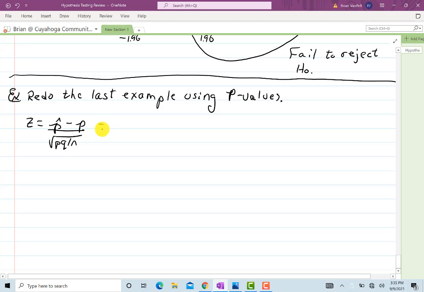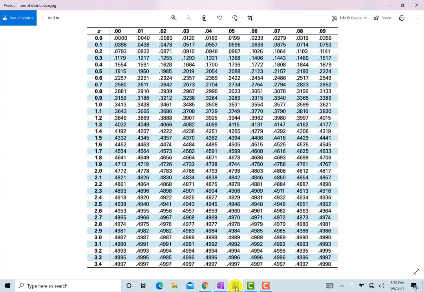And I did those in the last example. For this, we've got a 0.65. And then what I'm going to do is use the table to give me the p value. So let's go to the table. 0.65 is what I'm looking for. My z is 0.65, so 0.65. I got 0.2422.